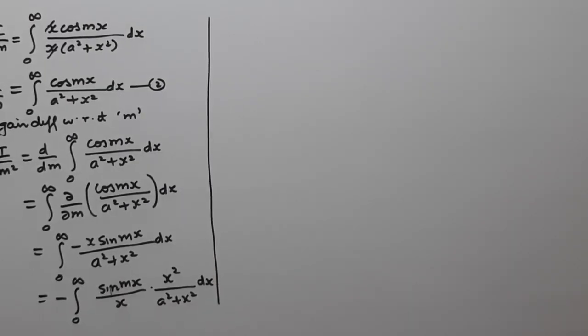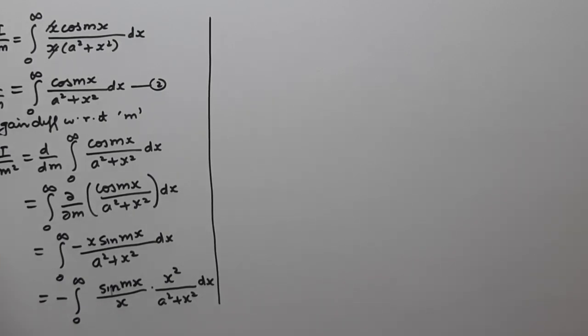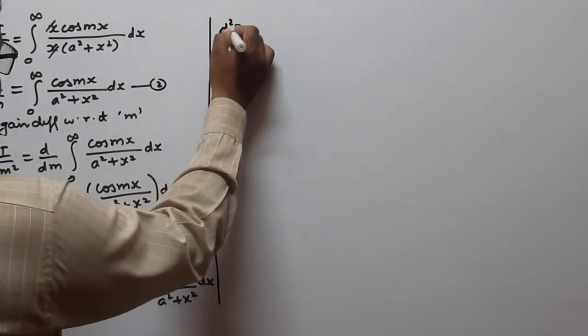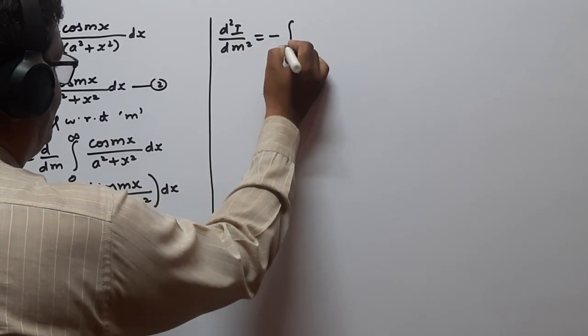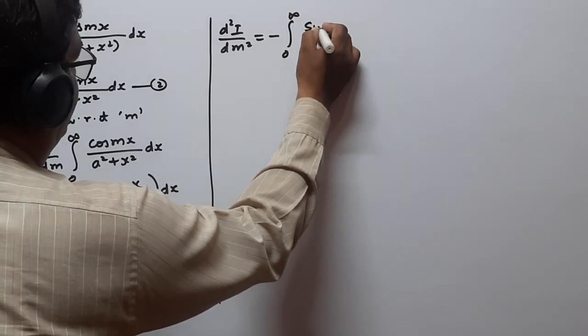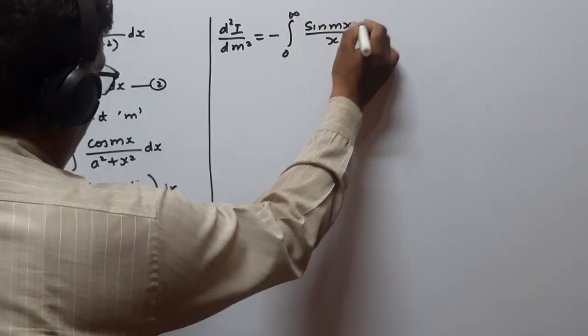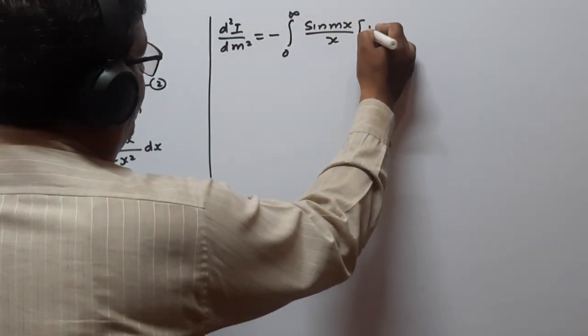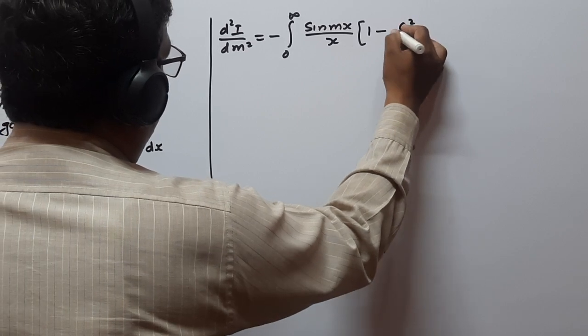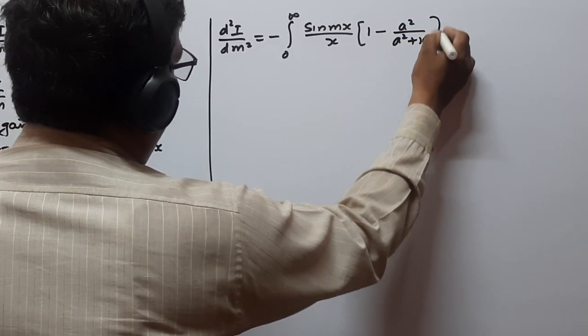Now you can see here we get d2I by dm2 is equal to negative of sin mx upon x multiplied by x square upon a square plus x square between the limit 0 to infinity. Now this can also be written as d2I by dm2 equal to minus the integral from 0 to infinity of sin mx divided by x, and this x square upon a square plus x square can be written as 1 minus a square divided by a square plus x square.